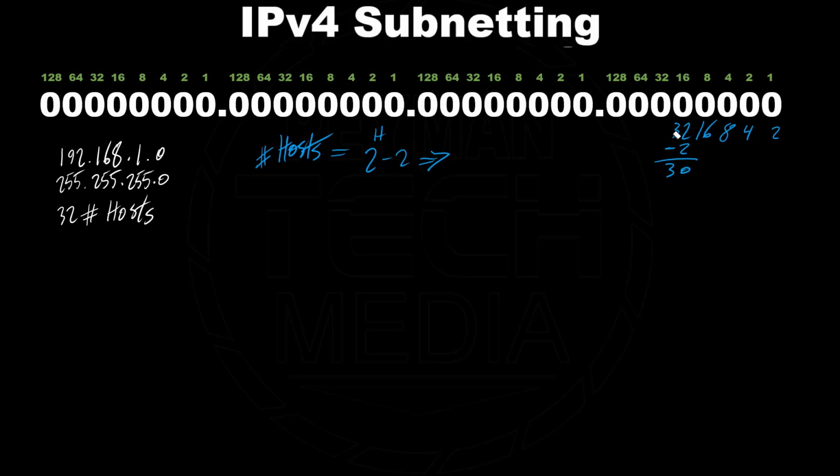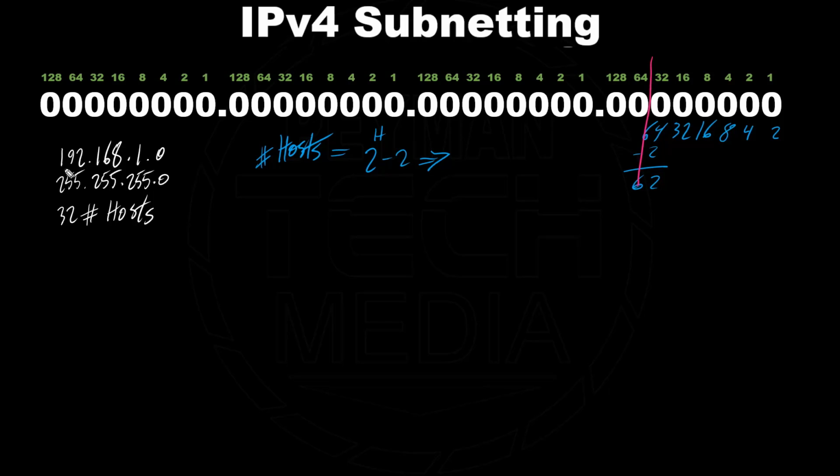It will give us a total of 32, correct, but when we do the -2 to see the available IP addresses, it will be 30. So let's erase all this and continue. 2, 4, 8, 16, 32, 64. Now 64 minus 2 is 62. And 62 meets the minimum requirements, and we're not wasting too many IP addresses. Therefore, we can stop right here.